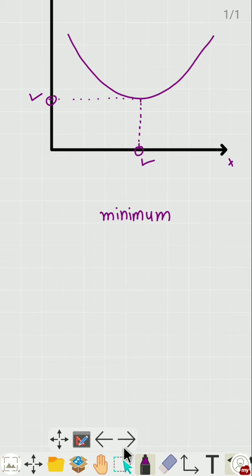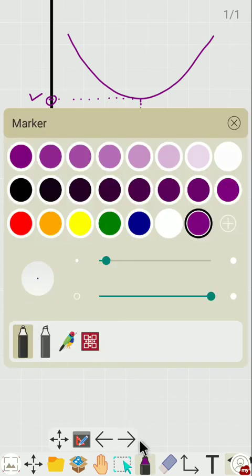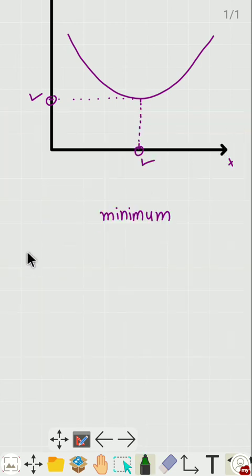We have some results corresponding to this, and these results are very important while solving problems.